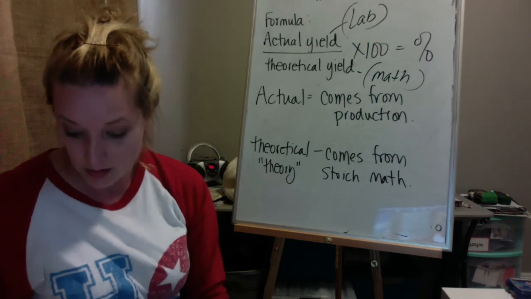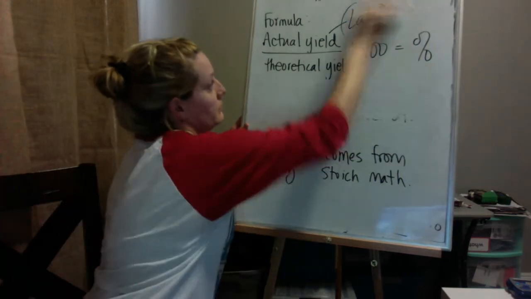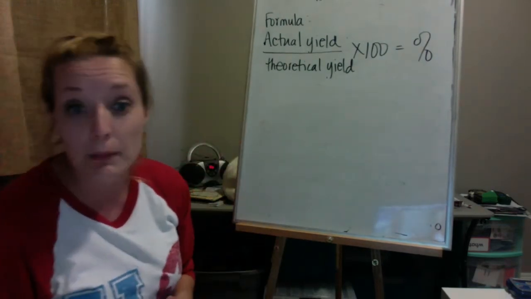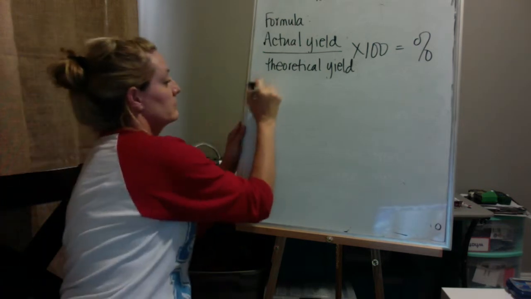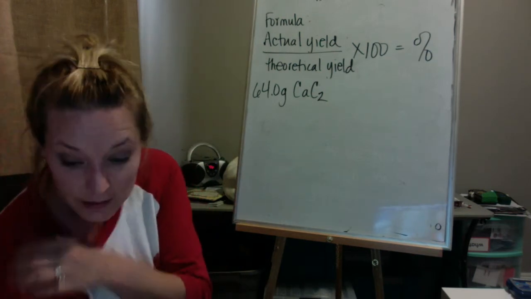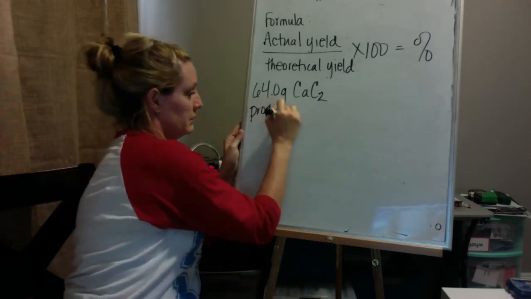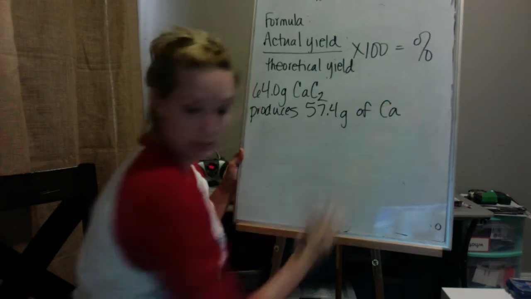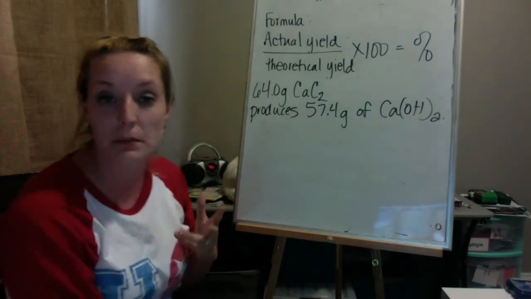Number 47 on page 85 on Chemistry Practice Test A. All right, so you are given a balanced equation there, and it says in the reaction below, 64 grams of calcium carbide is reacted with excess H2O, and it produces 57.4 grams of calcium hydroxide. These are the two pieces of information you're given, plus the balanced equation.